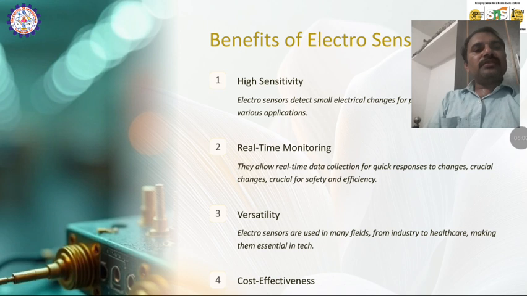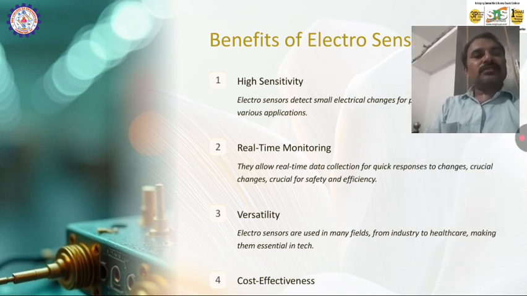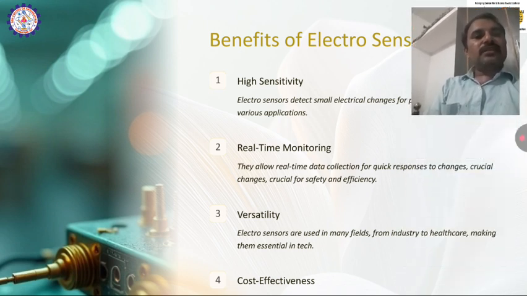The benefits of electrosensors: high sensitivity, we can find small electrical changes. Real-time monitoring and data collection with quick response to crucial changes.